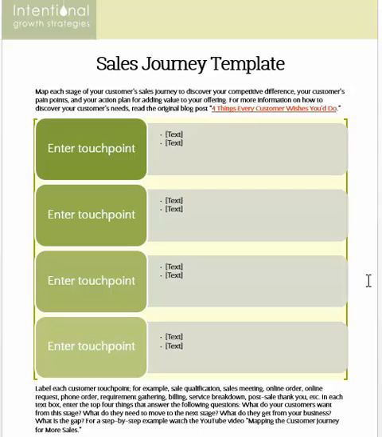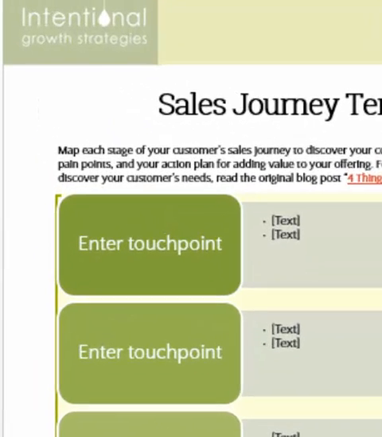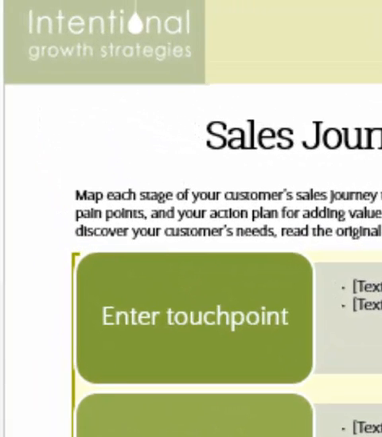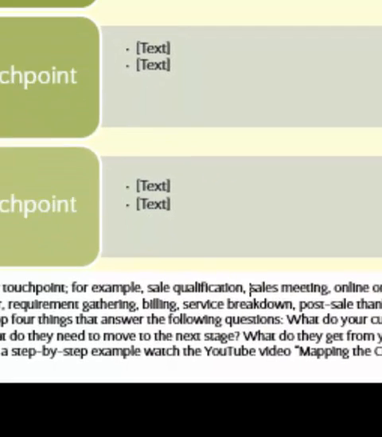So let me explain what a customer touch point is. Essentially, it's every single point of contact your customer or client has with your brand before, during, or after purchase. So for example, let's take a sales meeting. I have at the bottom of this template some different examples that you can consider, but let's take a look at the sales meeting.